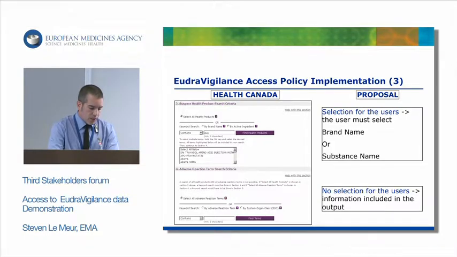If you look at the last search criteria, which is the adverse reaction term search criteria, the user can select either the adverse reaction term or the system organ class. In the EMA implementation, the user does not have to select any of those fields. Those criteria will be in the output, in the report itself. I will show you later on how.